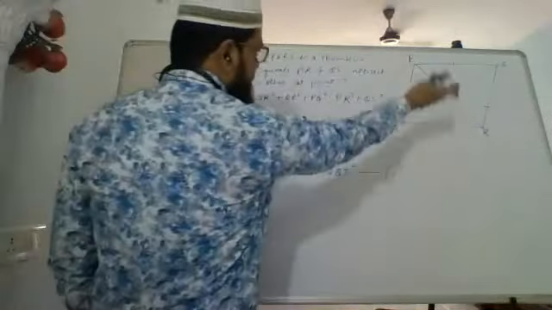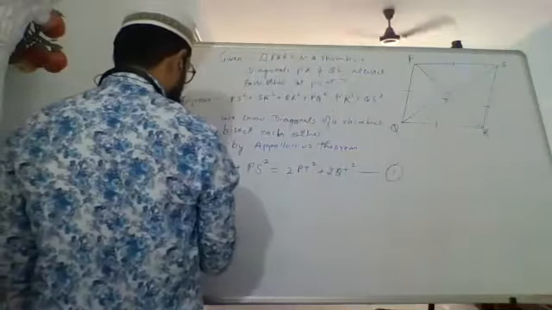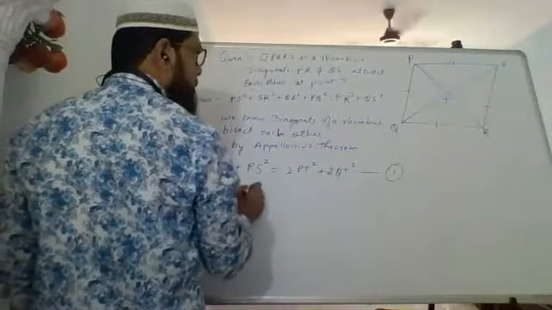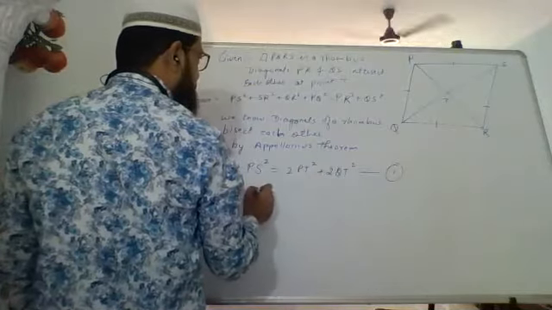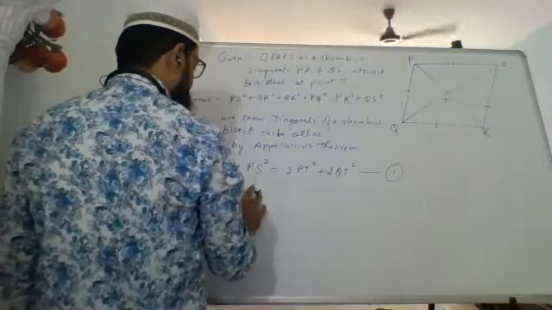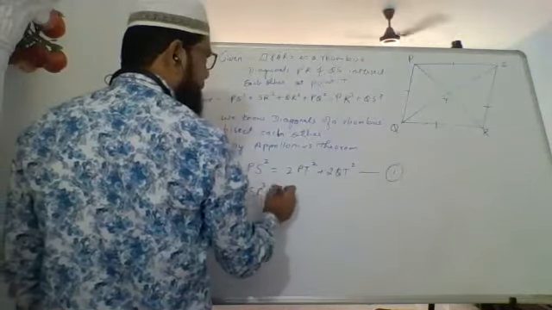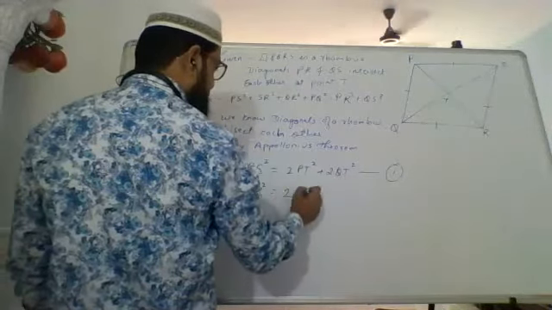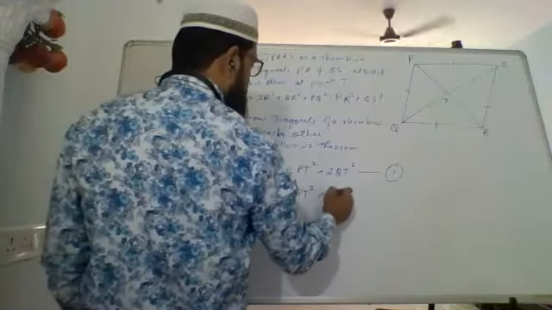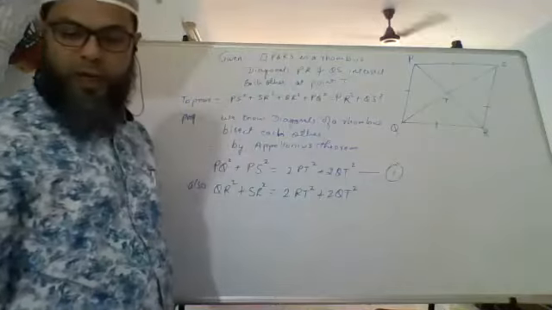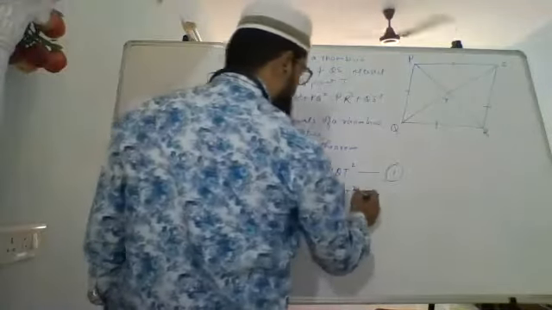In the second triangle, if we apply, we will also get QR square plus SR square equals 2 times RT square plus 2 times QT square.